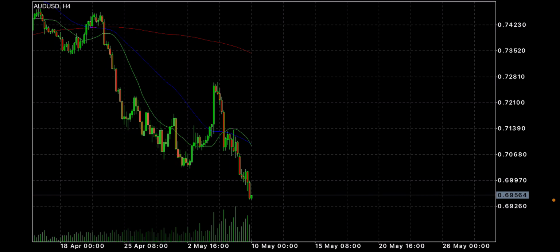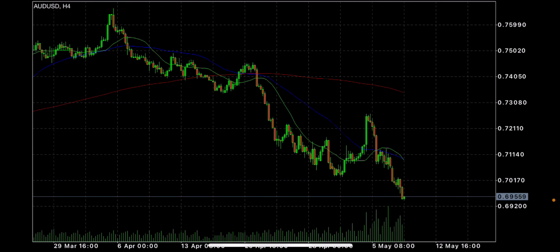So before we start to talk about what's happening with the technical analysis, let us discuss what is happening with the fundamental analysis. The only thing you gotta always remember, the technical analysis is only a mirror image of what is happening from a fundamental analysis standpoint with the currencies, okay?